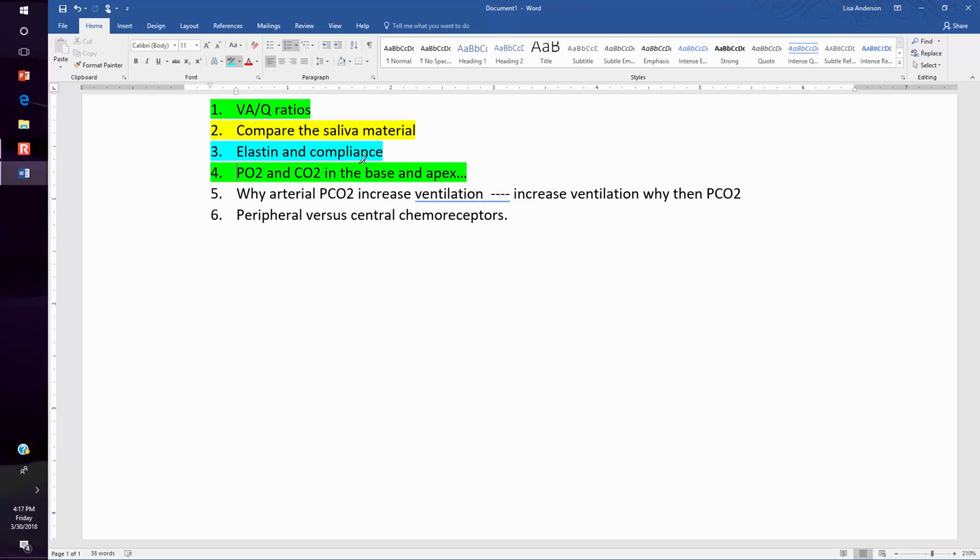COPD, chronic obstructive pulmonary disease, which can be emphysema or chronic bronchitis, and asthma are your obstructive diseases. Emphysema is weird because you have high airway resistance and increased compliance, and the two things are related. The thing that's increasing your compliance is what allows the airways to collapse and increases your airway resistance. Okay, does that help clarify?